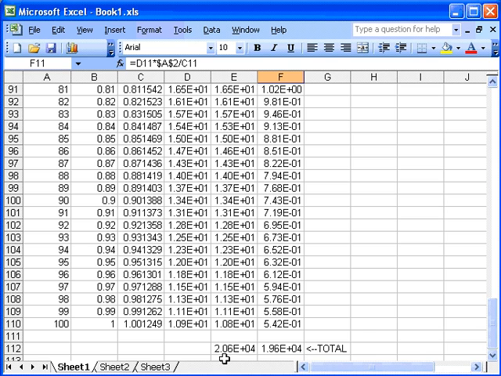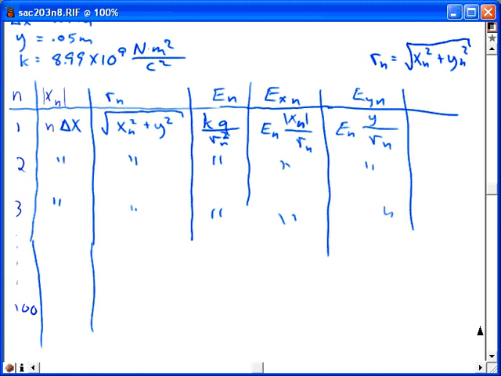So let's copy these values into the answer. 2.06 times 10 to the 4th.